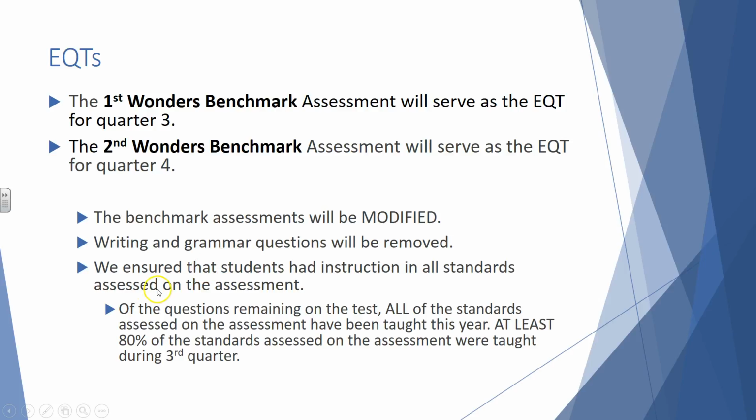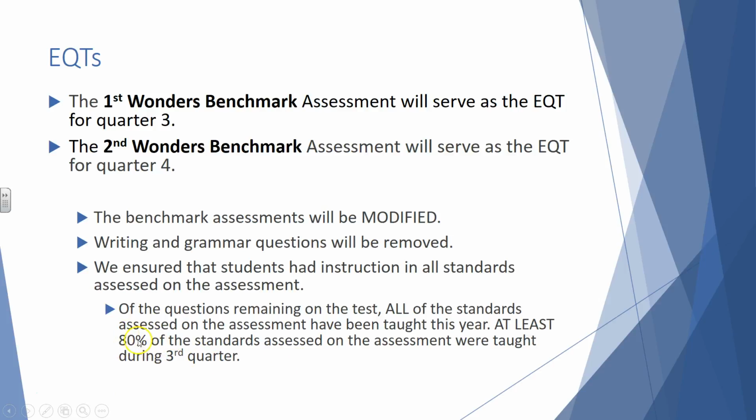And then let me tell you what I found, because I wanted to make sure that these benchmark assessments were fair for quarter 3. When I correlated the questions to our pacing guides, 80% of the questions have standards that are taught during third quarter or more.